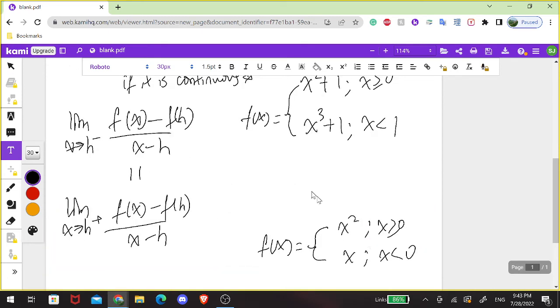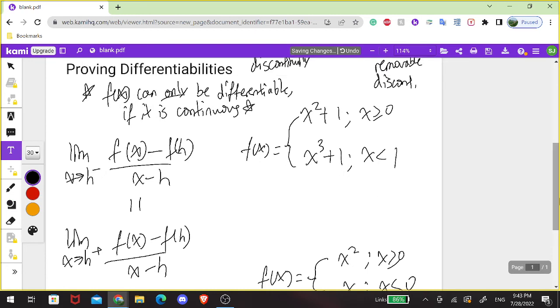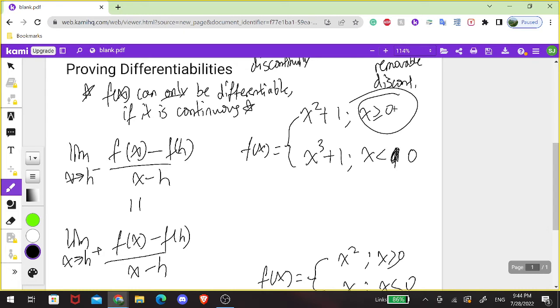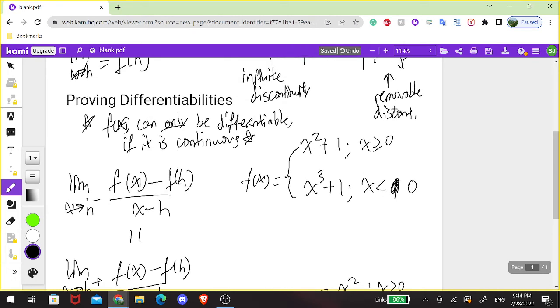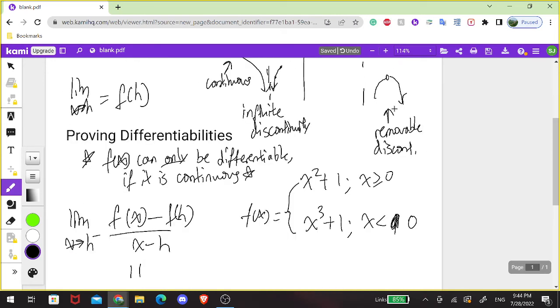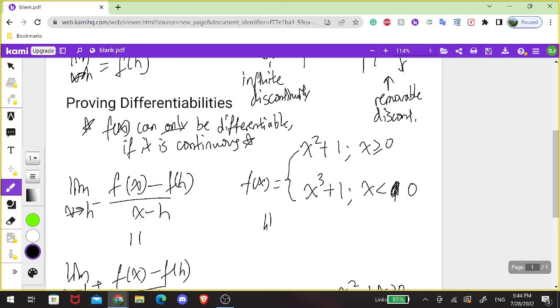So let's take a look at the example we have over here. First, it's at x of 0. Oops, I miswrote here. This is not supposed to be 1, this is supposed to be 0. So the point that we're trying to find here is x of 0. When we plug 0 in, let's first see if it's continuous. Let's first find the limit as x approaches 0 from the left.